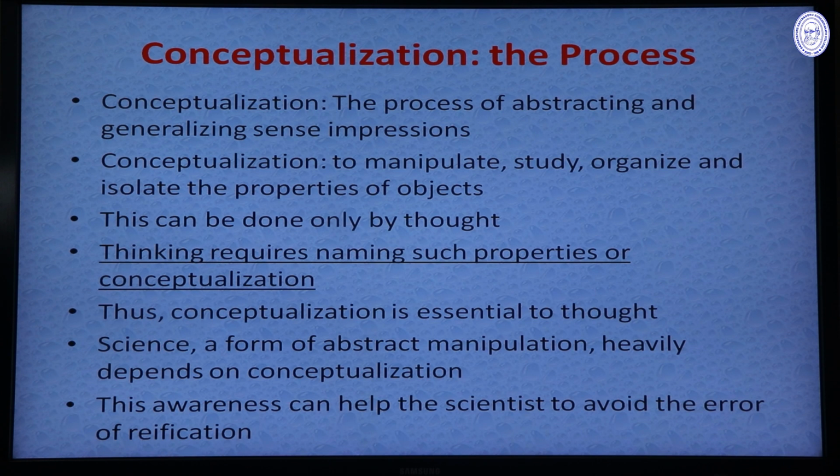Through our sense impressions we try to abstract the common characteristics of the phenomena in question, and then we try to generalize these abstractions. So, this is the process of conceptualization: we first observe certain phenomena, then abstract the common characteristics out of this, and then generalize this abstraction. Through this process we develop the concepts.